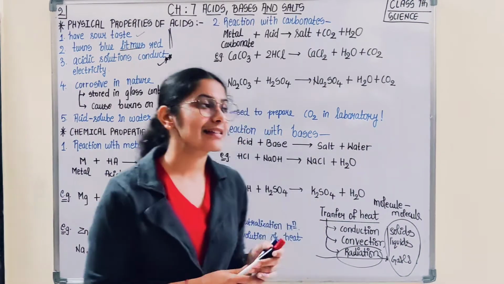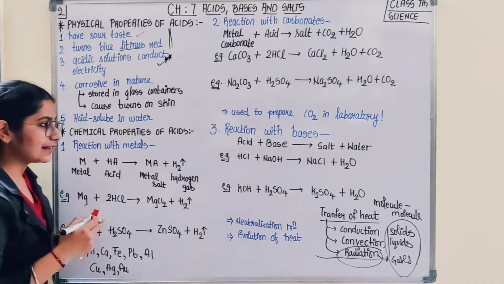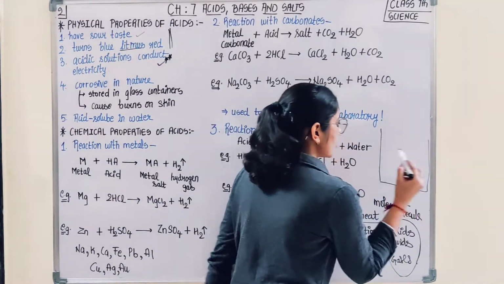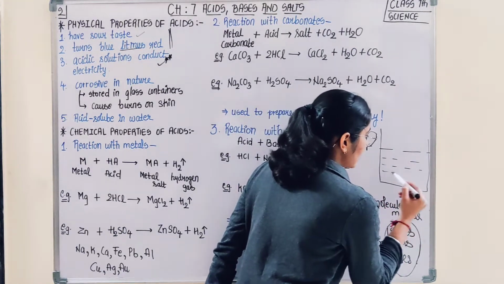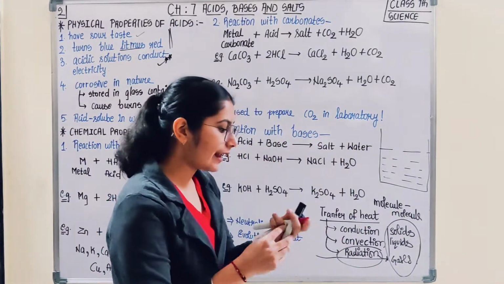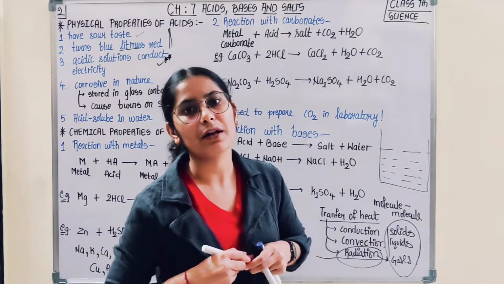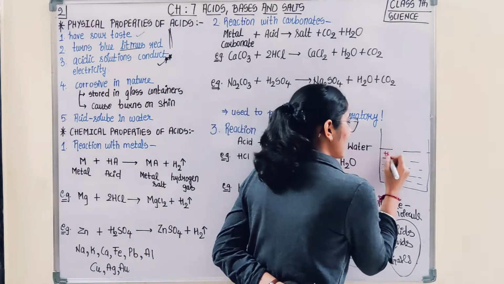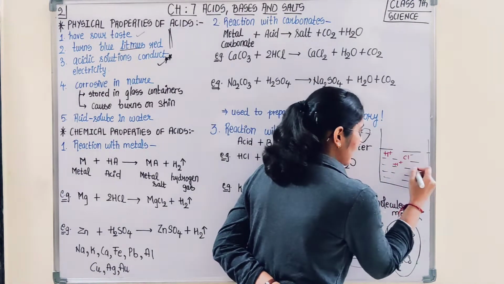Similarly, in case I talk about electricity, electricity also requires a medium. Okay, so acidic solution is also a medium. Suppose this is water and this water is containing acid. Let us take the example of acid HCl. Okay, so HCl has two ions, H plus and Cl minus.